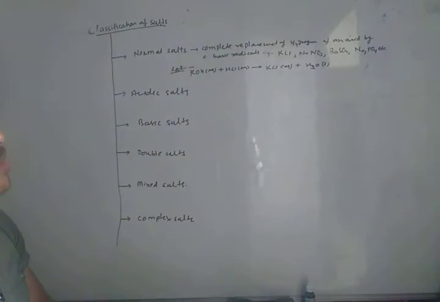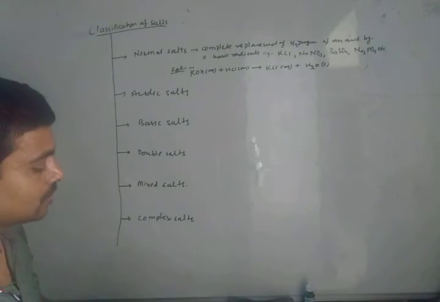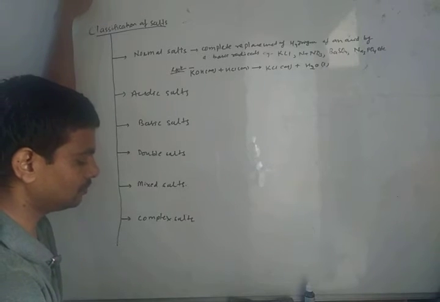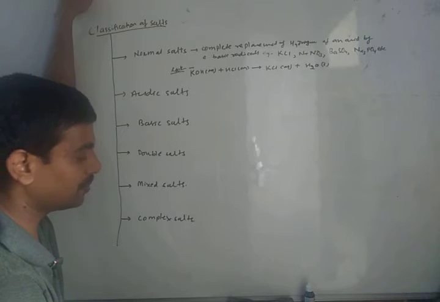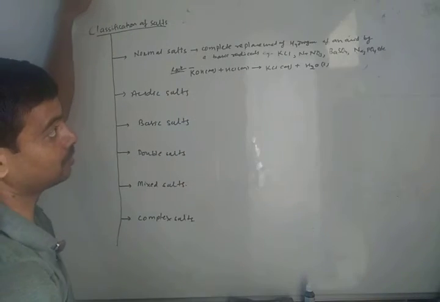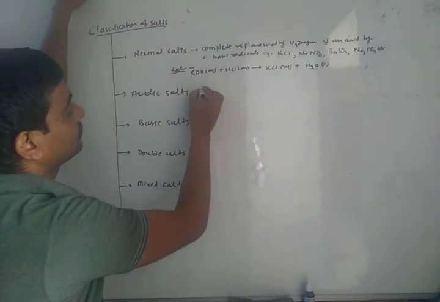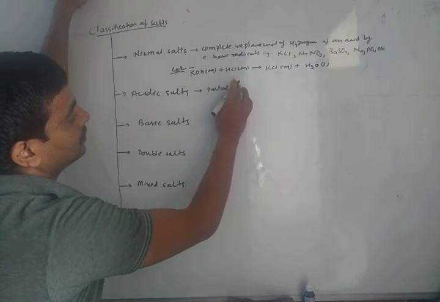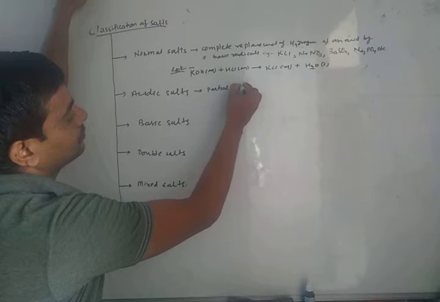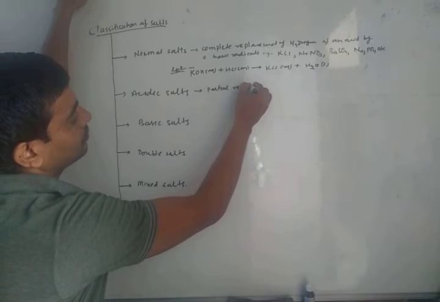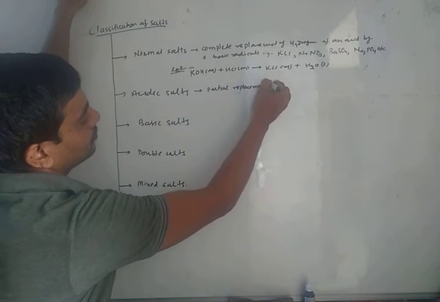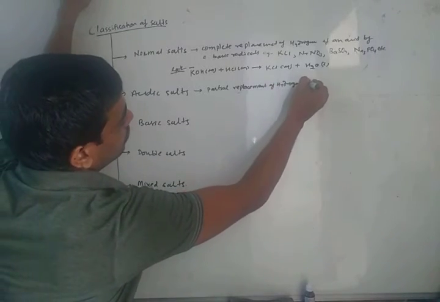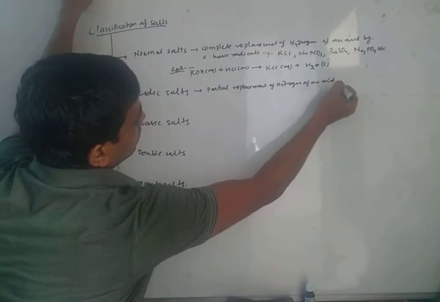These are examples of normal salts. The next one is acidic salts, formed by partial replacement of hydrogen of an acid.